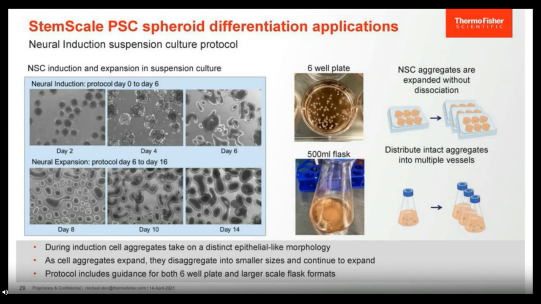So what do these protocols look like during the differentiation and expansion? Here on the left, we show the neural induction protocol and what the cell aggregates look like during induction and expansion. During induction, the cell aggregates can be seen on top, and they form these complex lobular-like structures that have an epithelial-like morphology. As they continue to grow, they start to break off into smaller aggregates, which can be seen on the top left at day 6, or top right at day 6.